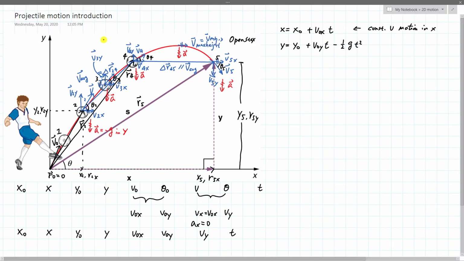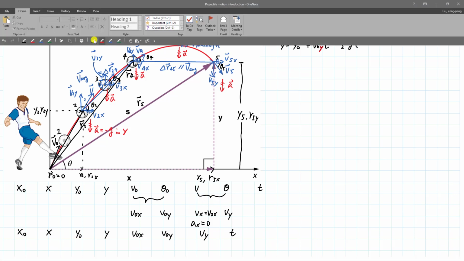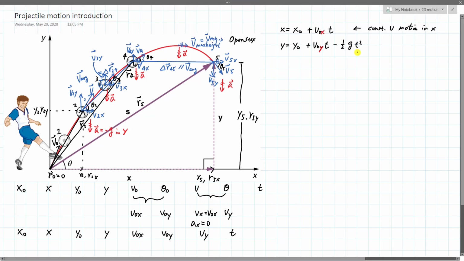So let's do some emphasis right here, and some emphasis over here. X and y. See that? That red keeps going behind the black. Okay. So now we also have vy equals v0y minus gt.